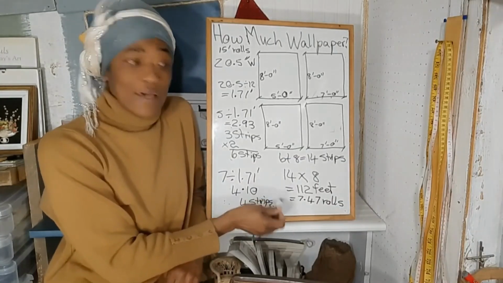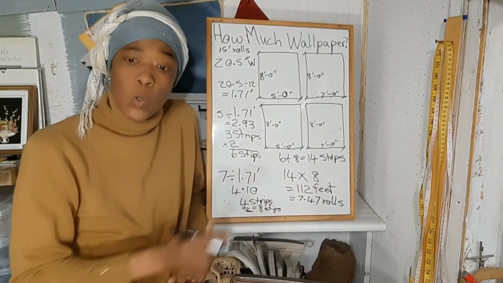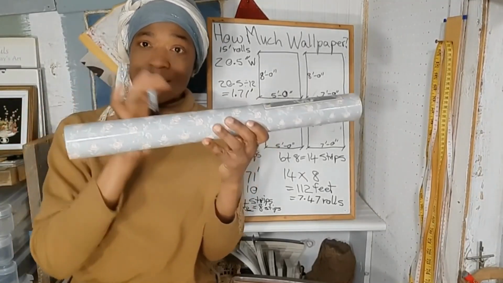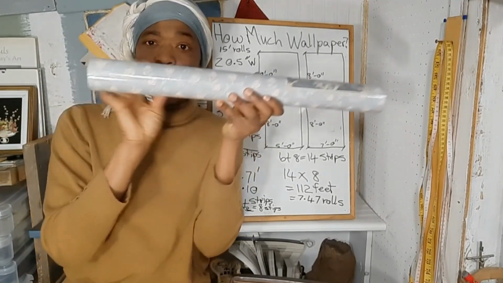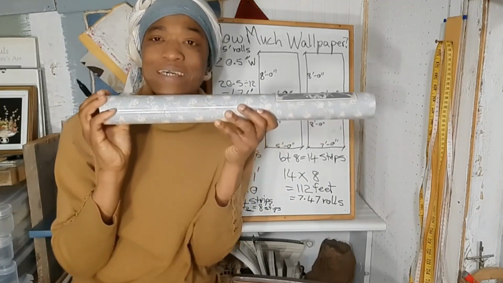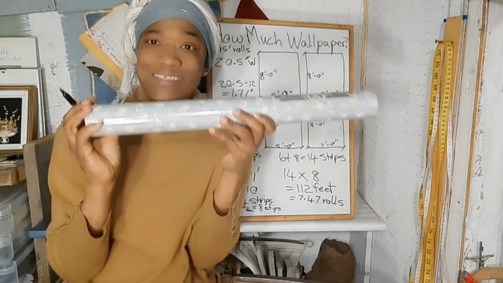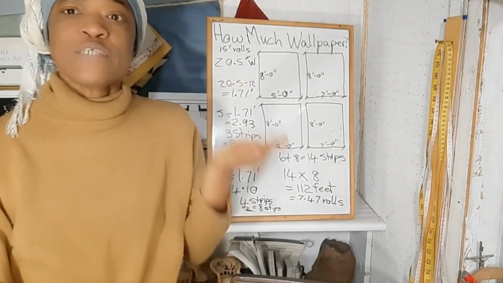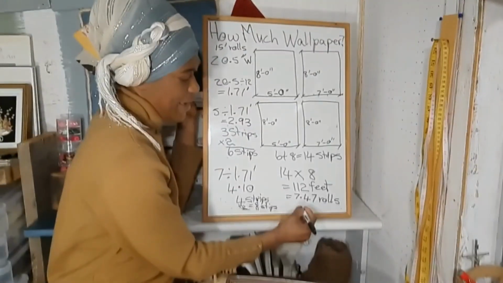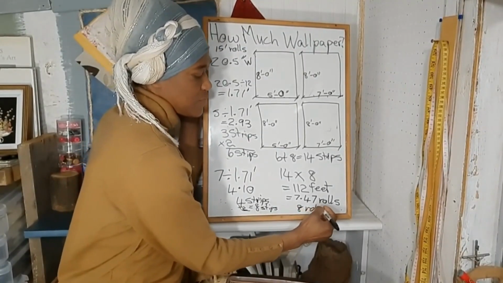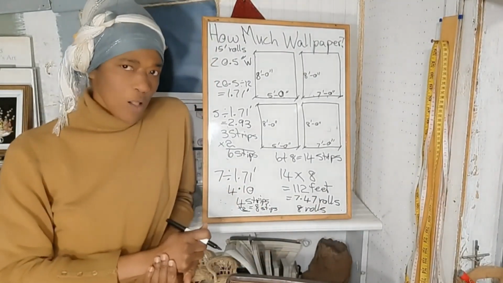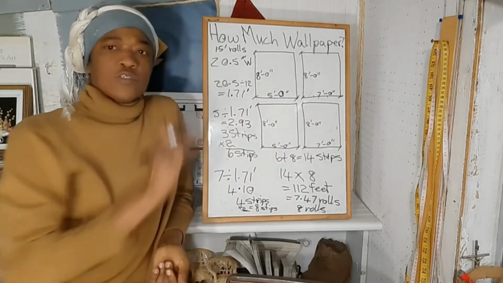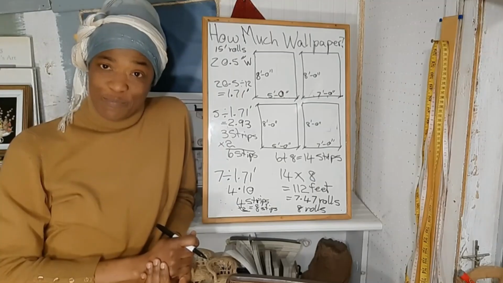So we will need 7.47 rolls of wallpaper. But we can't buy 0.47 rolls of wallpaper. So we will have to round up and buy 8 rolls of wallpaper. So it will take 8 rolls of wallpaper to cover this room.